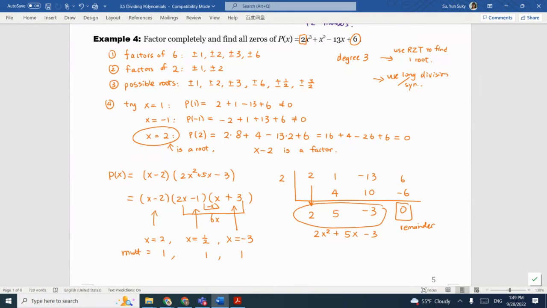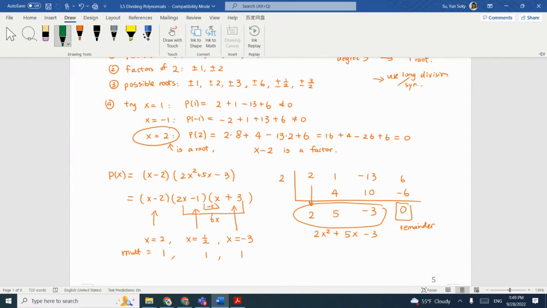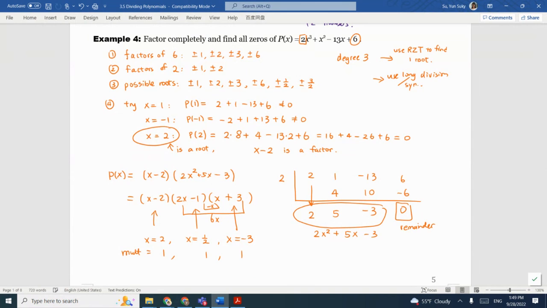What if you have degree 4? Any guess? If we have degree 4, we use the rational zero theorem to find 2 roots.